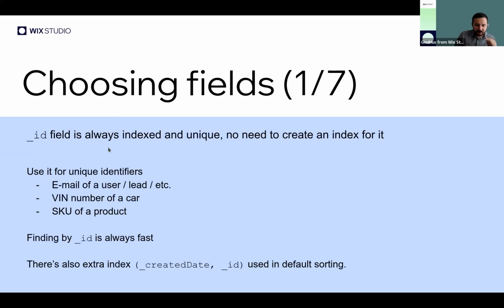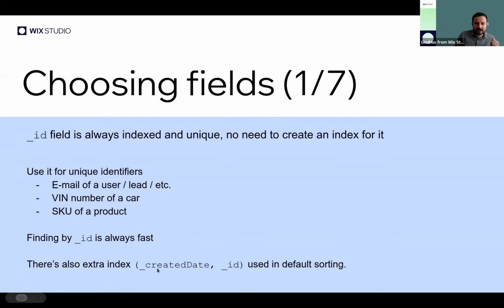But it's a very good idea to make use of it, because it's free, you don't consume any extra resources, and it's always there. So you can put meaningful keys, just like in a unique index, a meaningful unique identifier for those items, and then make use of this index, because finding by ID and ordering by ID is always going to be fast, and this is the fastest index you have.